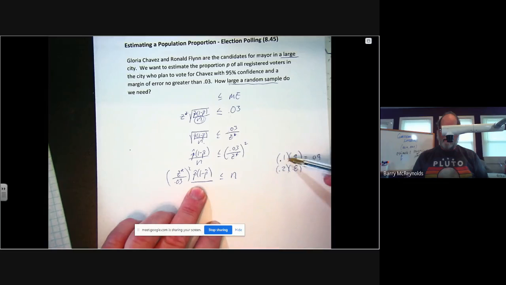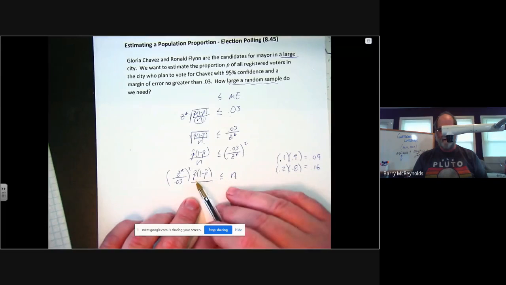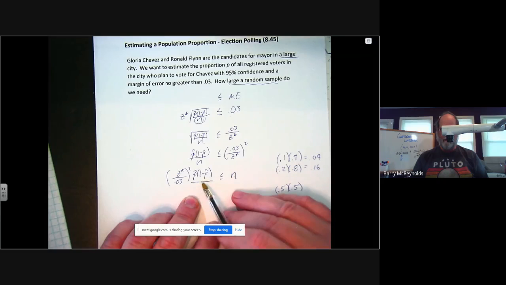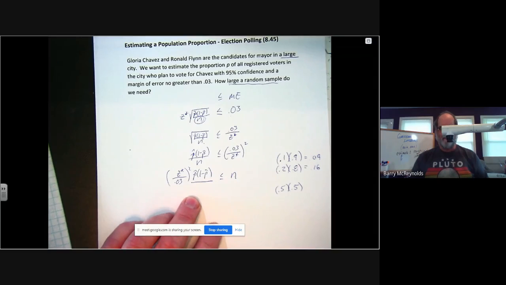So as I do that, I notice that as I increase p hat, the product gets bigger and bigger. And if you keep going down through here, what you'll see is to maximize this product, I need to use a p hat of 0.5 times 0.5. If I use 0.6 and 0.4, then it starts to go back down again. And so to maximize this product, I'm going to use 0.5 times 0.5.